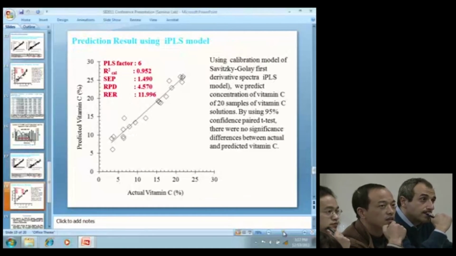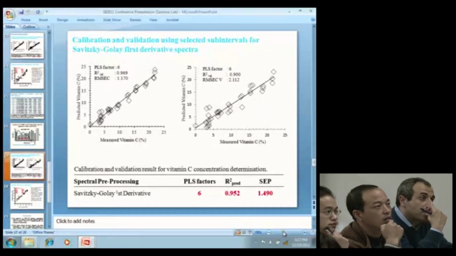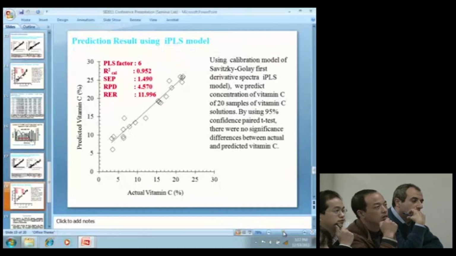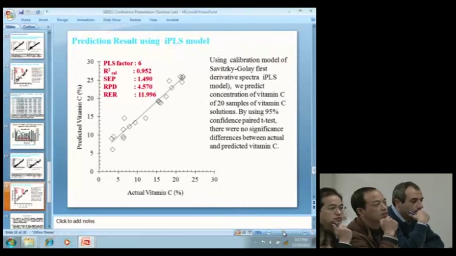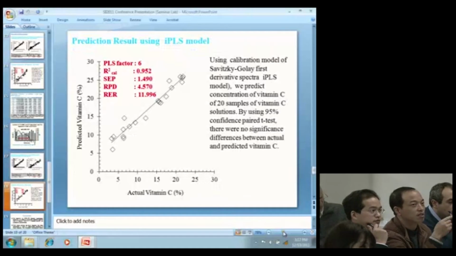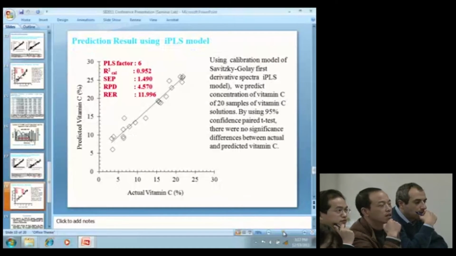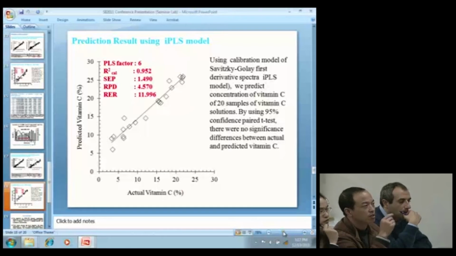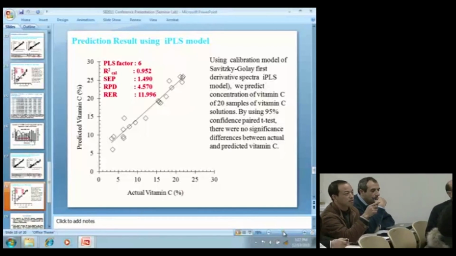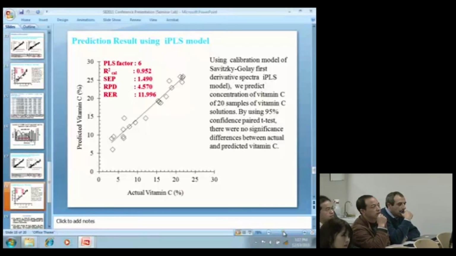Yes, actually this is the value of the prediction, and this is the graph, I mean the scatter plot. So I think it should be good if the table is moved to this slide. Okay, thank you. And then there should be a unit for the percent in the table. Okay.